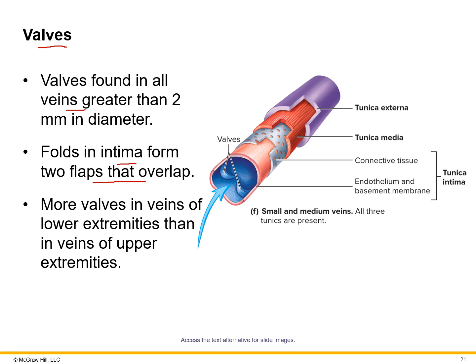So again, that intima layer, the layer all the way on the inside, essentially that layer is going to fold over, and as it folds over, it creates a valve structure. So more valves are in the veins in the lower extremities than in the upper extremities to help ensure proper blood flow.